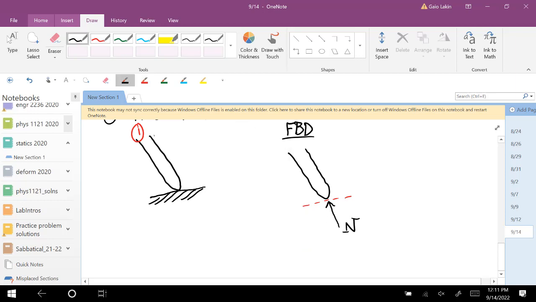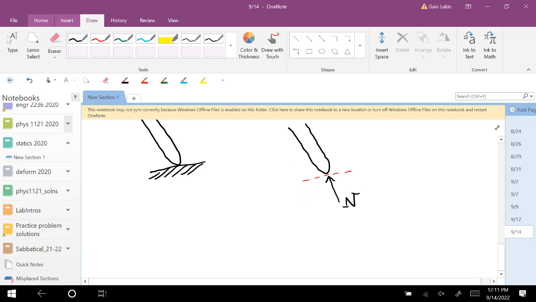So like that. What do we know about N? N must be positive. Otherwise, the surface would be pulling down on the object.